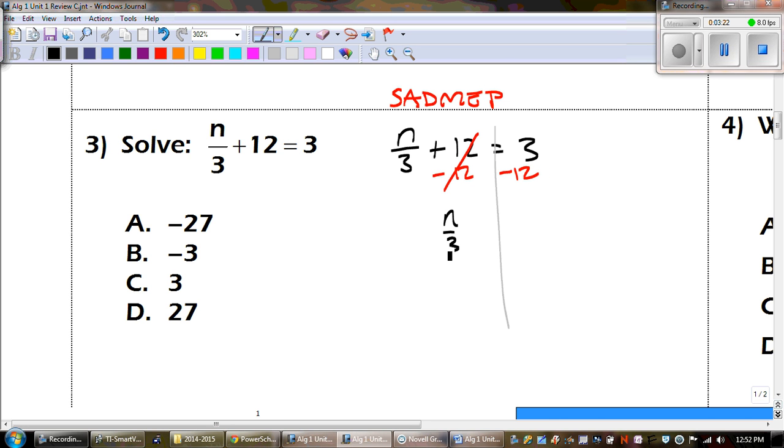We have 9 over 3 equaling negative 9. Now, the n's not by itself. Remember that that bar means division, and the inverse, the opposite of division, is multiplication. Negative 9 times 3 gives us a negative 27. So our answer is A.